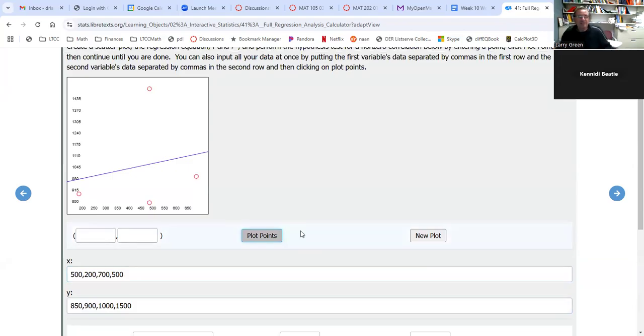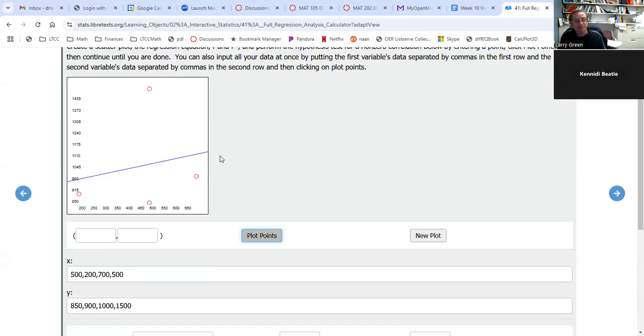So we can see that in this case, there's 4 points. And here is the best fitting line to those 4 points. But when you look at these points, without seeing that line, would you think that they were linear or even close to linear? No. It doesn't look like it at all. The points do not fit anywhere close to a line.